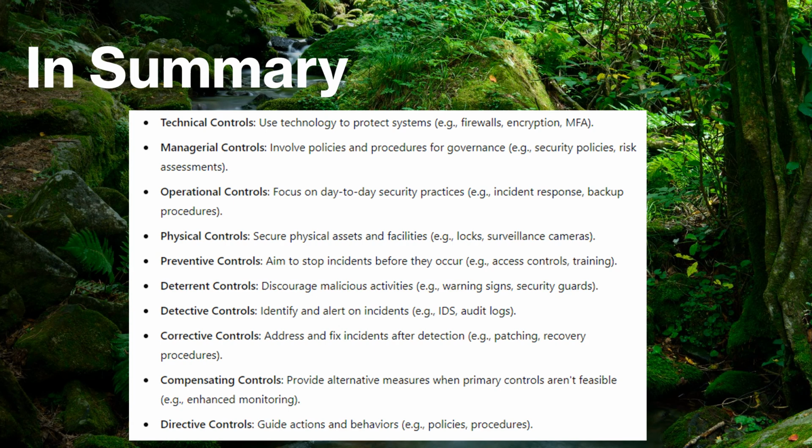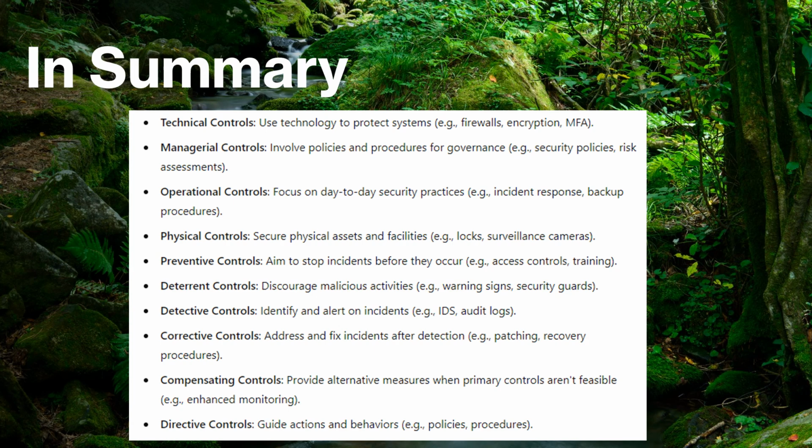And then we talked about the types of controls. Preventive controls aim to stop incidents before they occur. Deterrent controls discourage malicious activities. Detective controls identify and alert on incidents. Corrective controls address and fix incidents after detection.